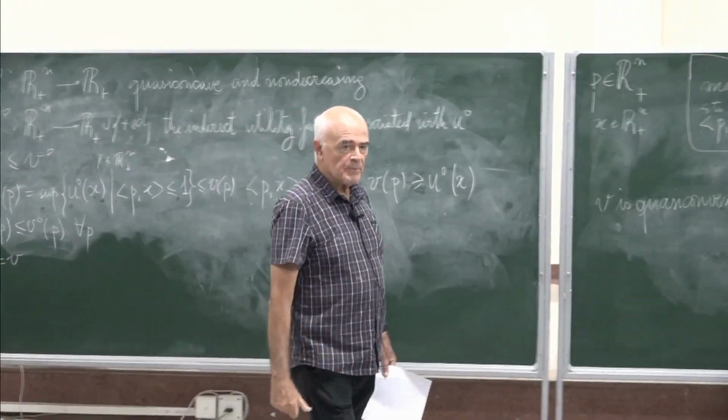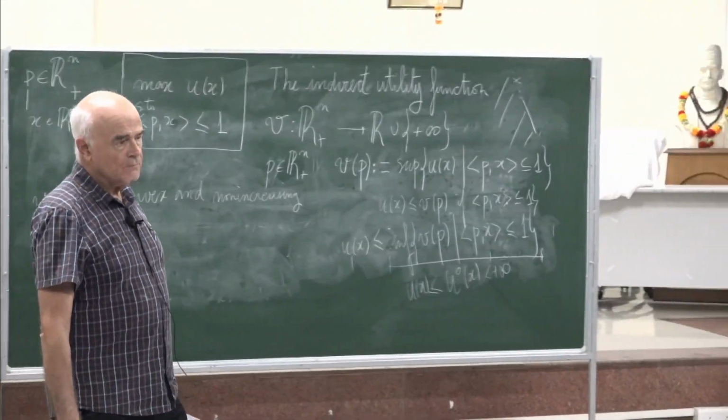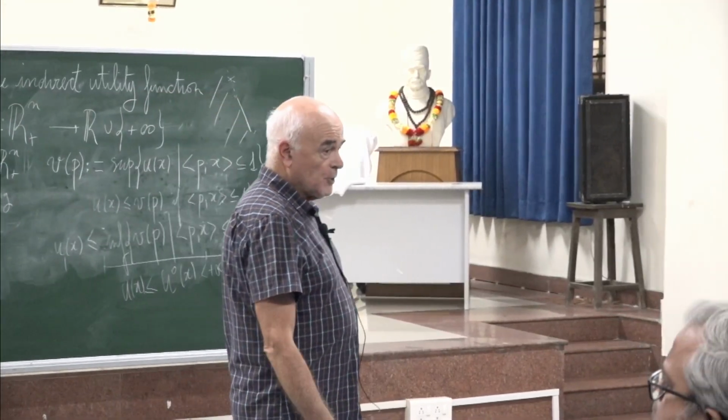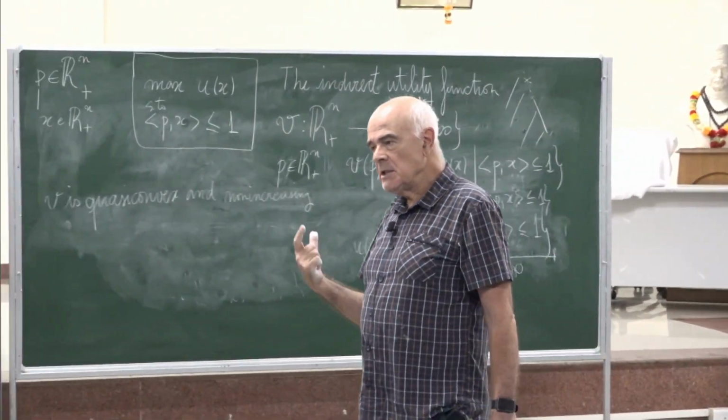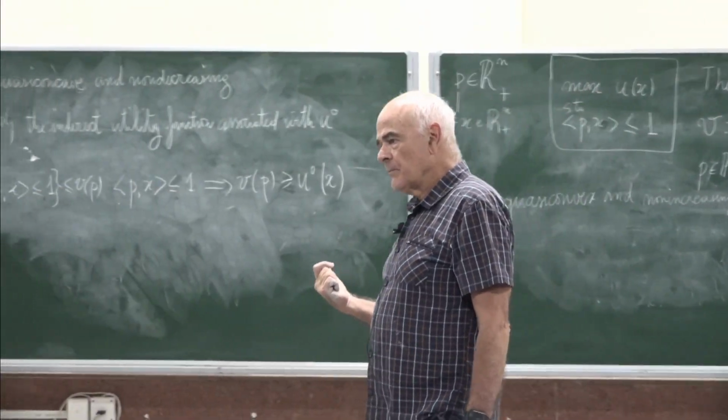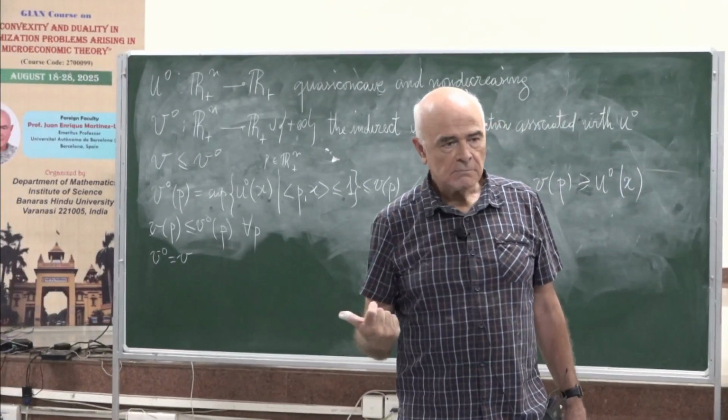So you didn't tell me your preferences, you are U, but I produced another U, U naught, which is equivalent to yours in the sense that it yields the same indirect utility function.